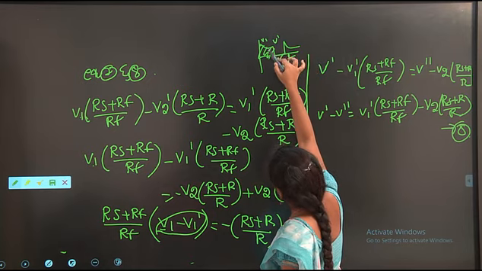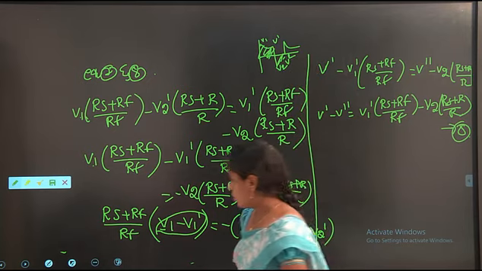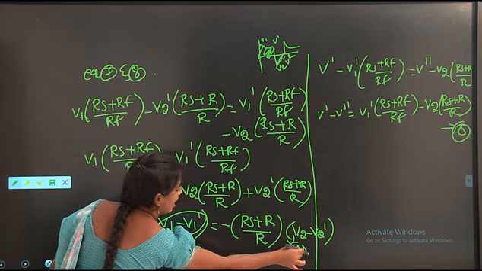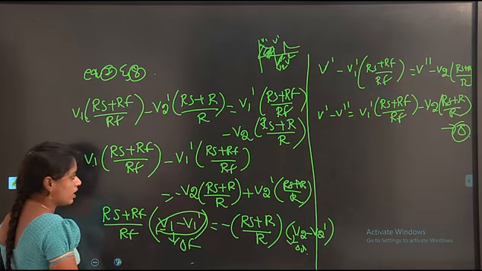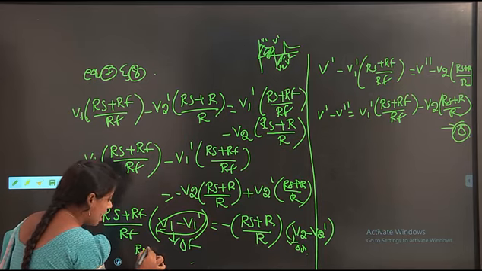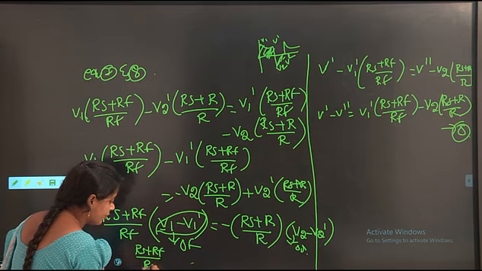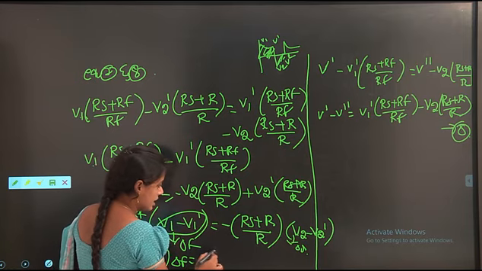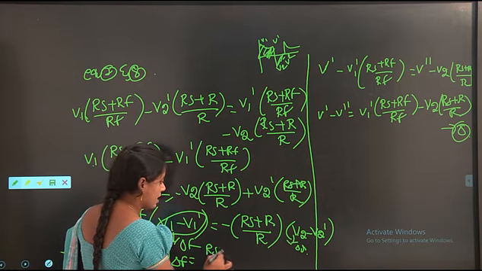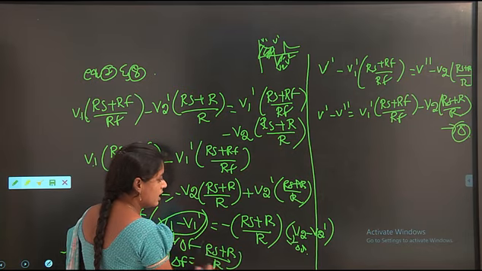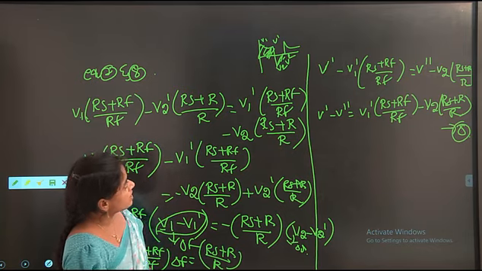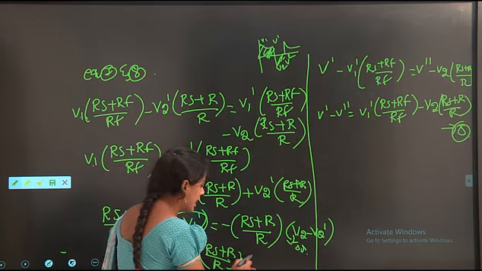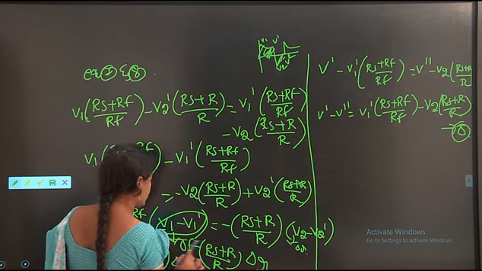So this is known as delta F and this is known as delta R. In place of this we substitute delta F, in place of this we substitute delta R. The final equation becomes (Rs plus Rf)/Rf into delta F, which is equal to minus (Rs plus Rf)/R times V2 minus V2 dash. Why? Because this is the negative direction. That's why minus of V2 and V2 dash is taken as delta R. So this is the final equation we get.